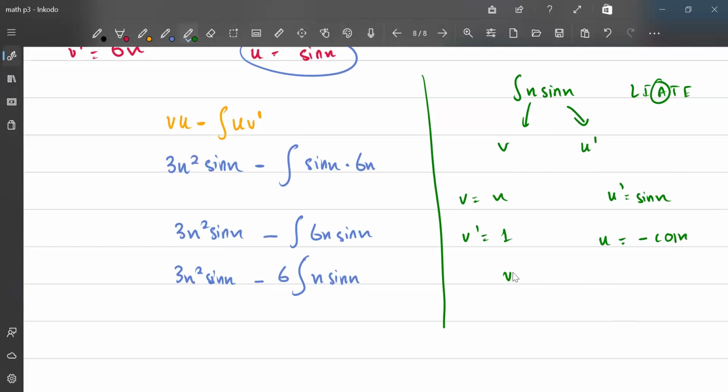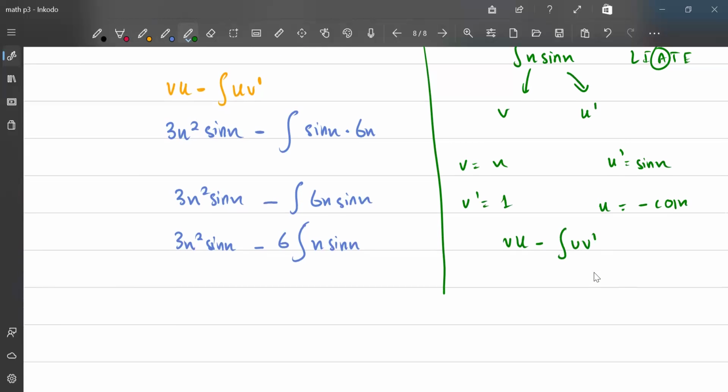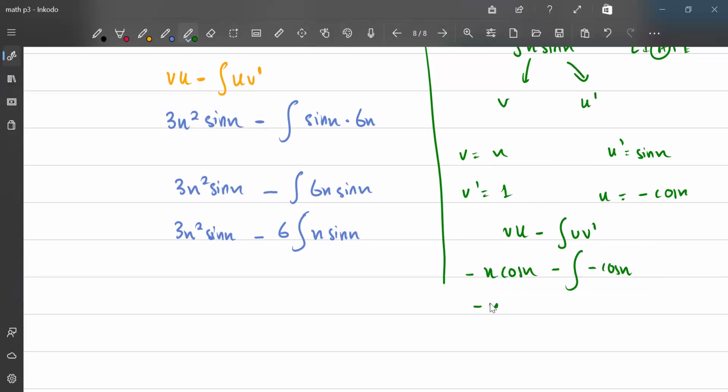So just apply the formula vu minus integral of u v dash. So we have v, which is x, and u, negative cos x, and v dash, which is 1.